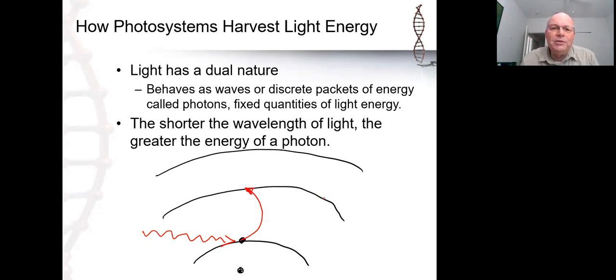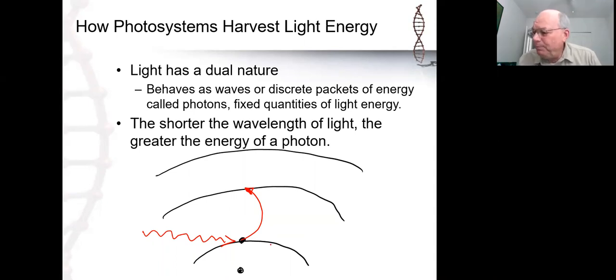And remember, each of these energy shells represents an amount of energy, potential energy. And so by allowing the electron to move from this energy shell to an energy shell further away from the nucleus, you've got an increase in the potential energy of the electron.